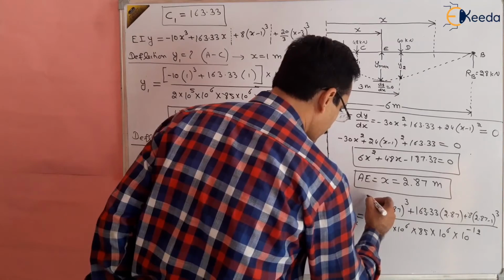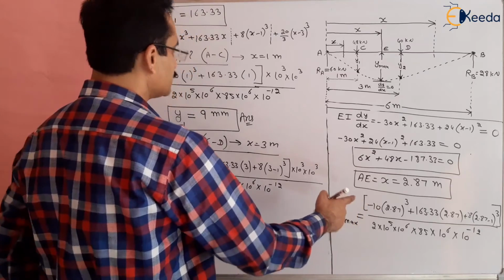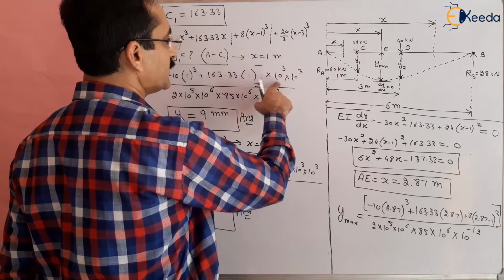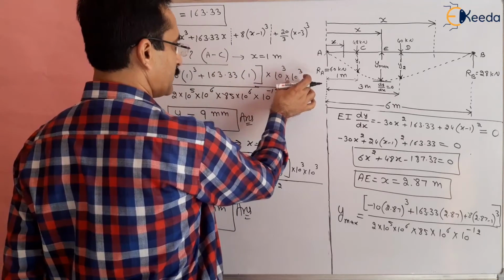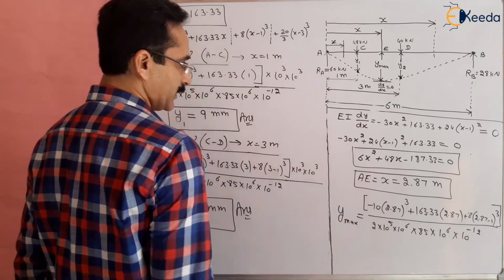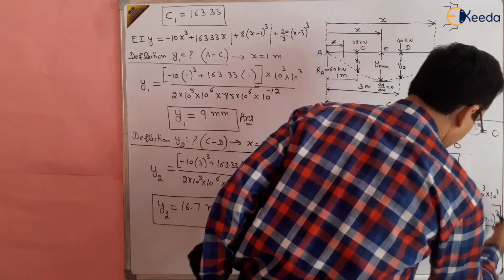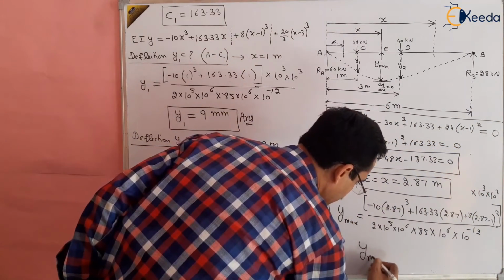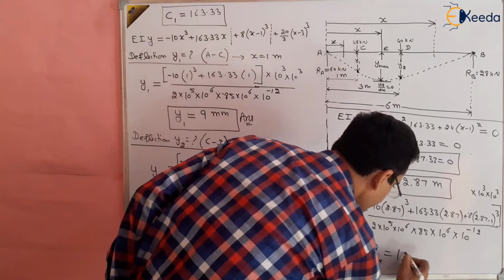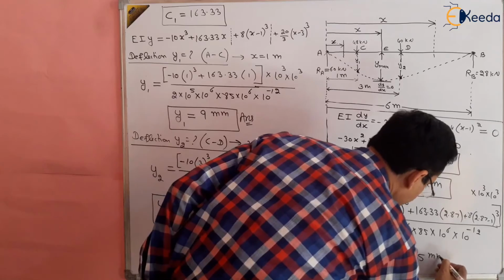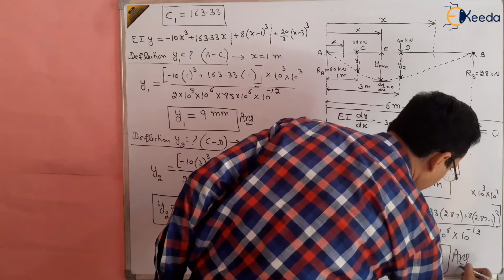This should be multiplied by 1000 and 1000 so that it becomes Newton SI unit, and the meter becomes millimeter, so the answer will come in millimeter. So this answer is multiplied by 10 power 3 two times, right, to get the answer in millimeter. So y max will come out to be the maximum deflection, 16.75 millimeter. So this is the last answer of this question, right?